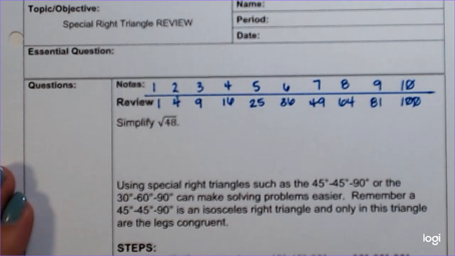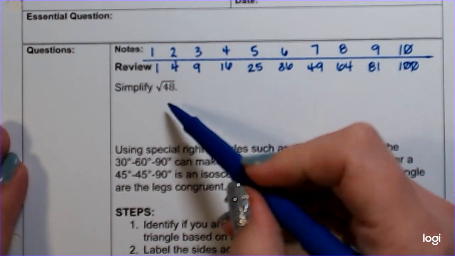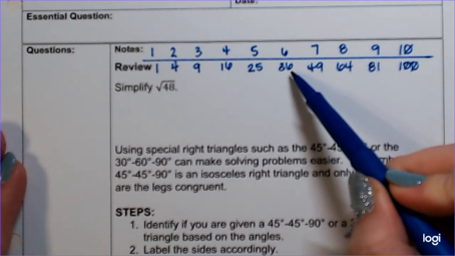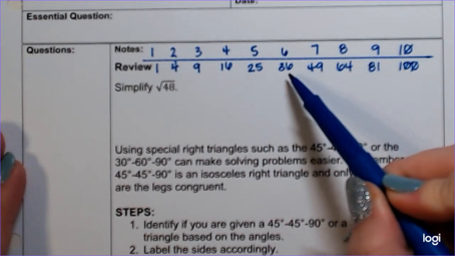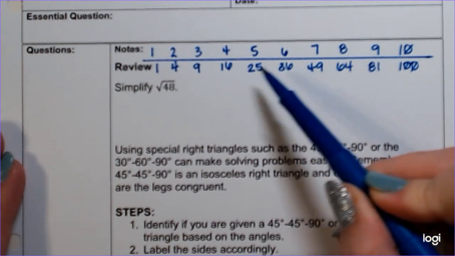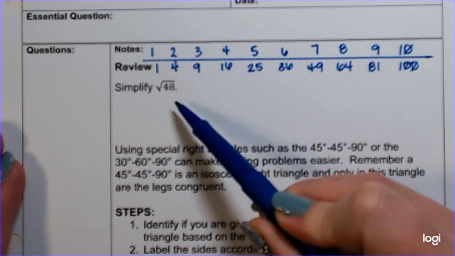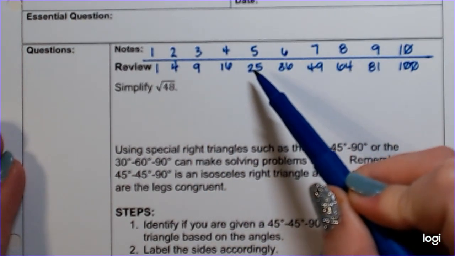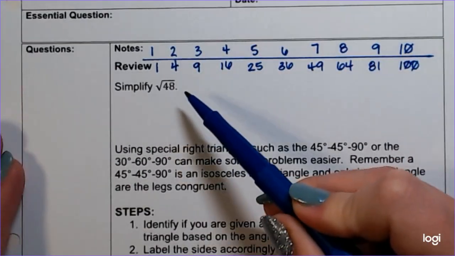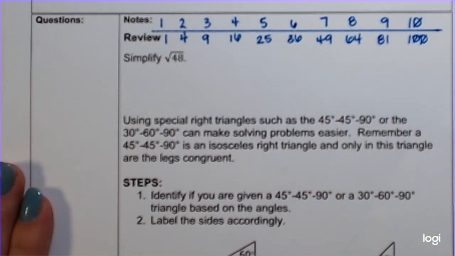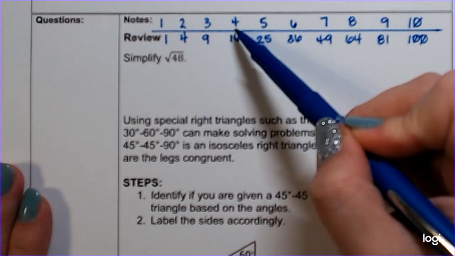Alright, so what we do with this, we're going to take the number under the roof and start with the largest perfect square that's smaller than it, and divide to see if we get a whole number back. So 48 divided by 36 is a fraction, so that doesn't work. 48 divided by 25 is another fraction. 48 divided by 16. 48 is divisible by 16.